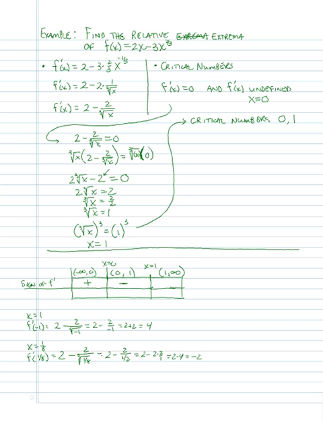Let's look at the interval from 1 to infinity. And so we might choose something like a positive 8. Okay, it's in that interval from 1 to infinity. We can't choose 1 because that's on the border. We've got to choose it inside the interval. So f prime of 8 we calculate. That's 2 minus 2 over the cube root of 8.